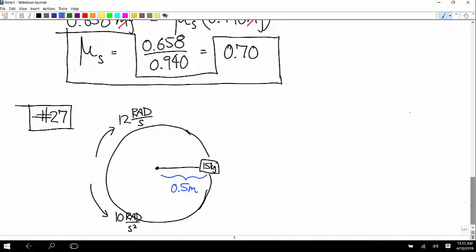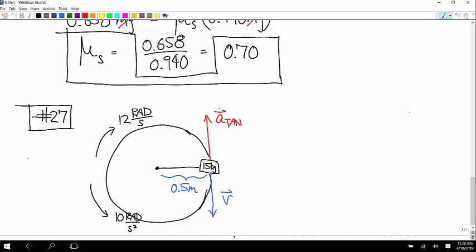Since the angular velocity is clockwise, the velocity vector is down. Since the angular velocity and angular acceleration have opposite directions, the tangential acceleration is this way.